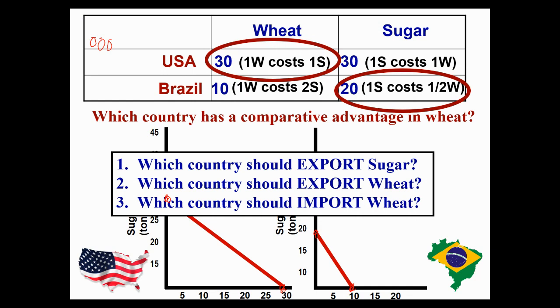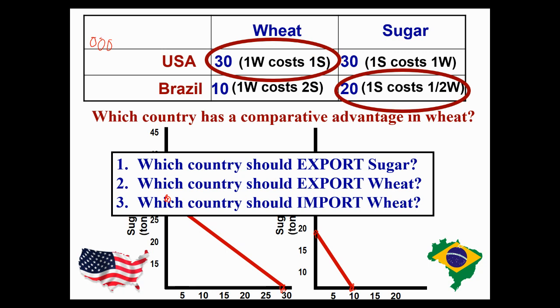So what we want to do, if we're talking in terms of trading wheat for sugar, the United States wants to receive more than one sugar, right? Because it costs them one sugar to make.